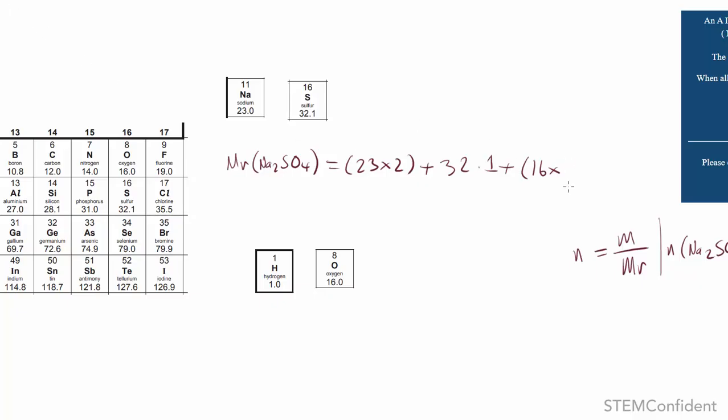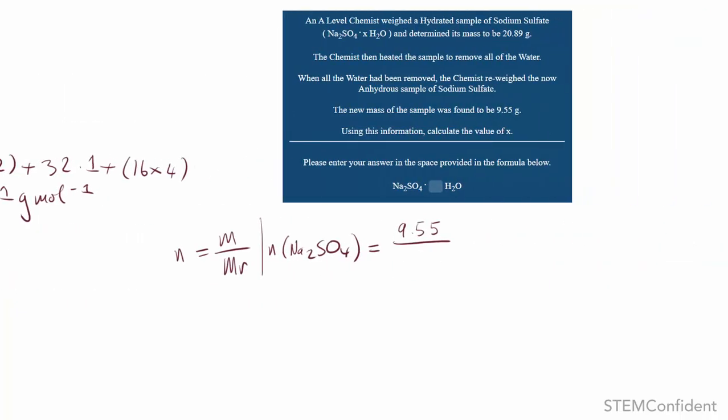That's going to give us the molar mass for the Na₂SO₄. If you have a go at working it out, what you should find is you get 142.1, and that's going to be in grams per mole.